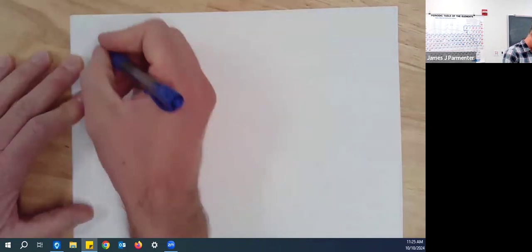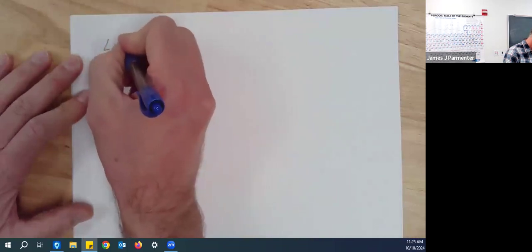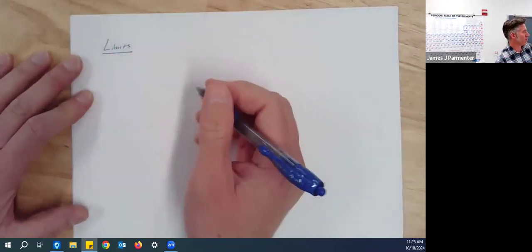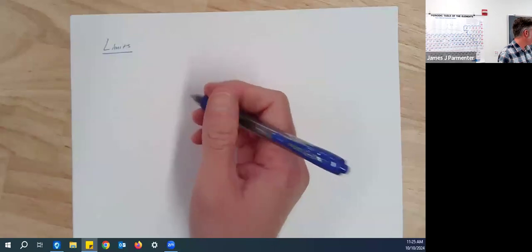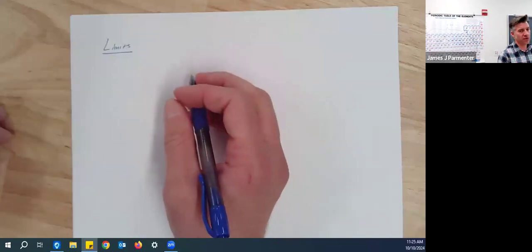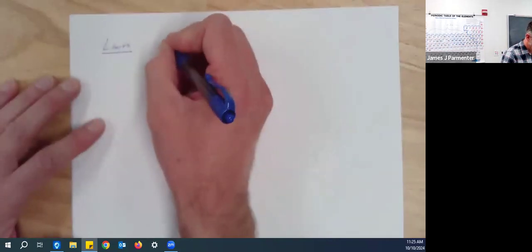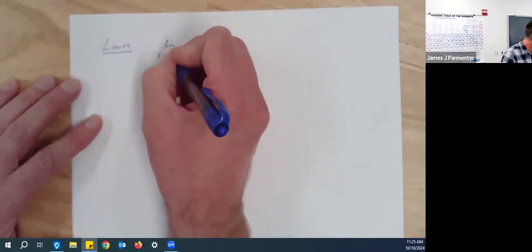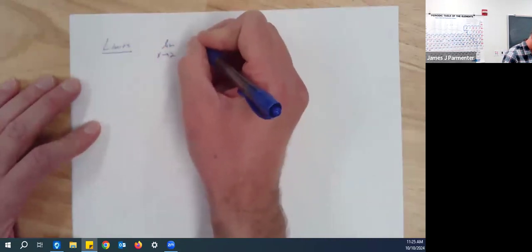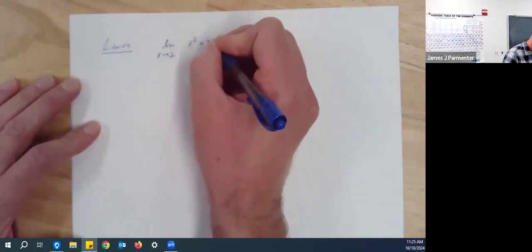All right, so how do we deal with limits as x approaches a real number as opposed to infinity? Well, the usual first step is just to say, well, what if I did plug in x equal to whatever it's approaching? Like, for example, if I had the limit as x approaches 2 of x squared plus 3x plus 4.